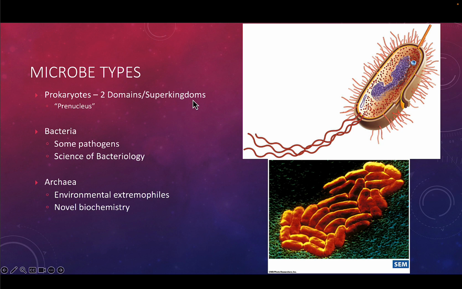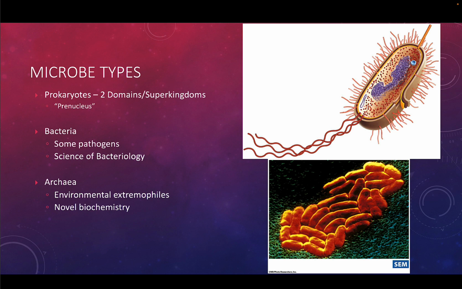Two of our three domains that were introduced in the previous video are prokaryotes. They lack a nucleus. Those are our bacteria and our archaea. The domain bacteria will contain our pathogens, but only some of the bacteria are pathogenic. In previous slides, we saw lots of examples of bacteria that are not pathogenic, that do really beneficial things for humans, or are just environmental and don't interact with us at all.